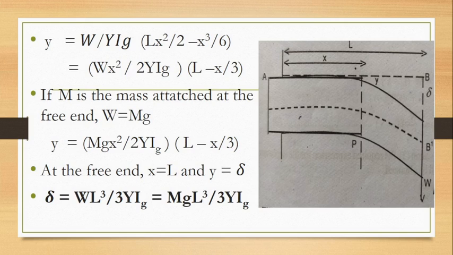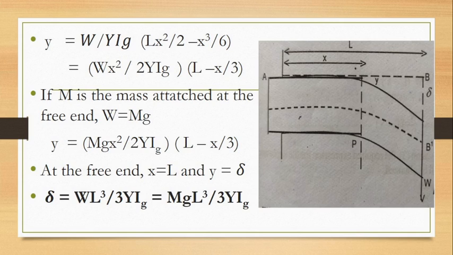Taking x square outside from the brackets, you can write it as wx square by 2YIg into (L minus x by 3). We had said that W is the load attached to the free end. Now think that I am putting a mass at the free end B. So what will be the weight?